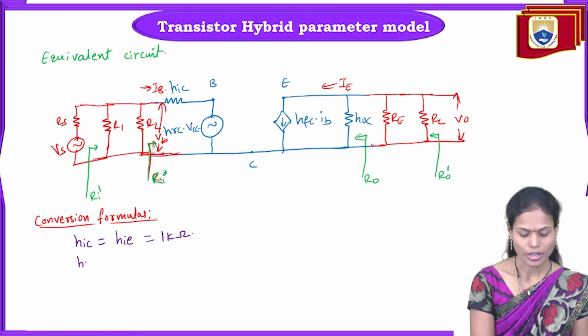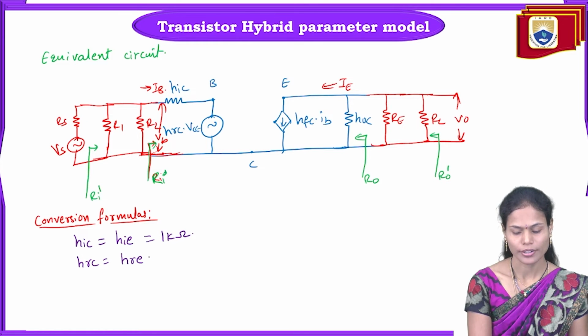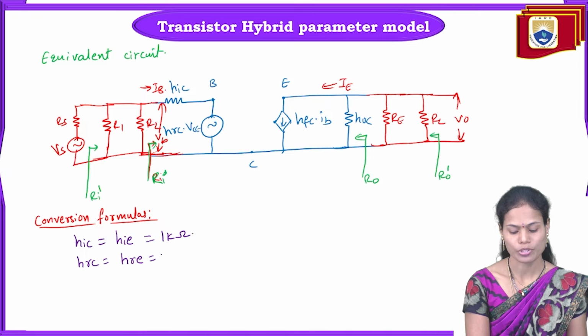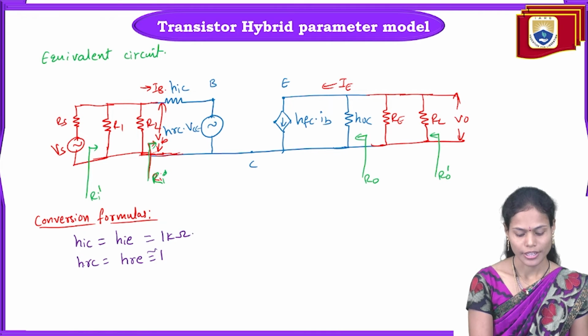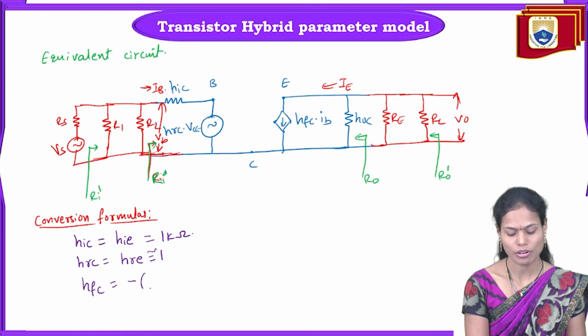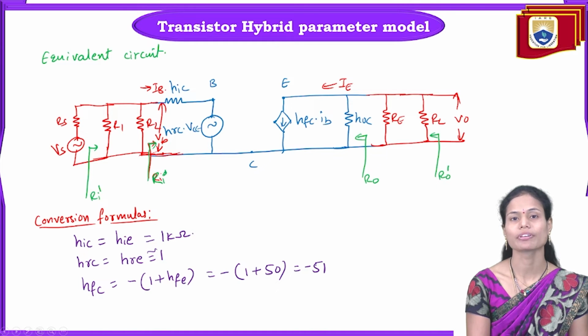HRC is equal to 1, approximately, and HFC is equal to minus of 1 plus HFE, that is nothing but minus of 1 plus 50, and that value is minus 51.